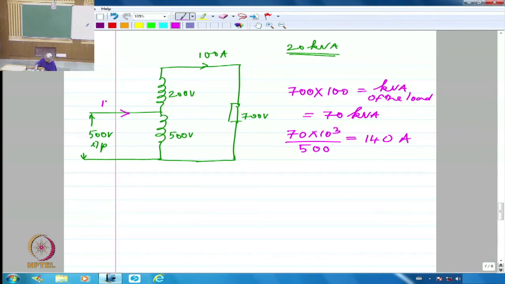If this is 140, that means this also has to be 140. This is 100 ampere, so this has to be 40 ampere. Hopefully it matches with the kVA rating even on the primary side, right? So you should be given clearly what kind of source you are adhering to. That has to be given. If that is not given, then it can't be worked out.